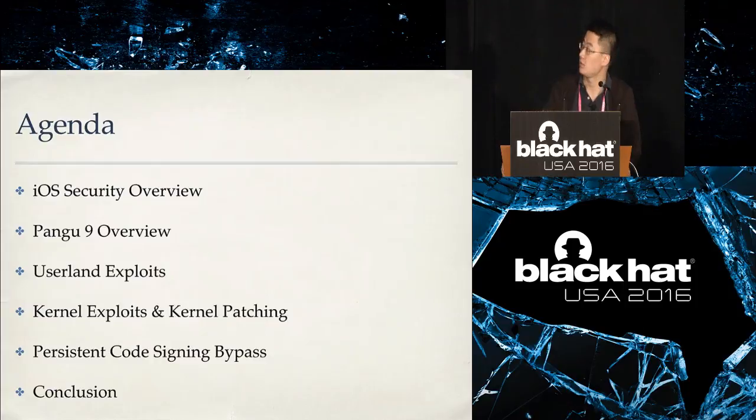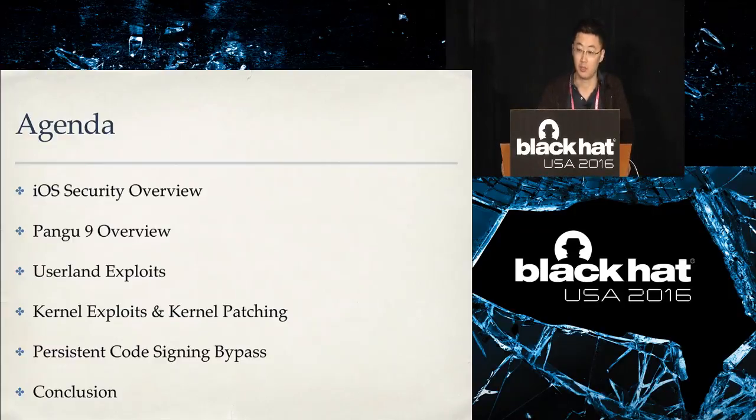Okay, so this is the outline of the talk. At the beginning, I would like to quickly go through the iOS security architecture. And remember, after our talk, there will be a talk from Apple, which will discuss more on iOS security. So please refer to that talk for more details on iOS security. After that, I will give a quick overview of Pangu 9 and explain how we designed the exploit chain. Then I will elaborate on the Userland vulnerabilities and exploits, and continue to introduce the kernel exploits.